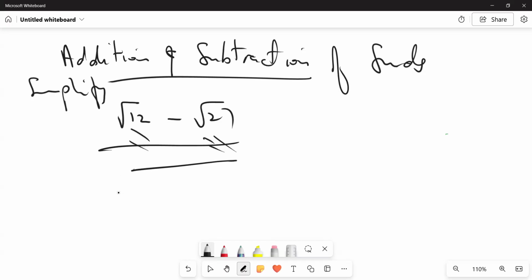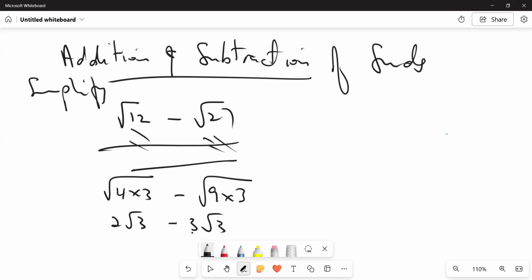So 12 is 4 by 3, minus 27, which is 9 by 3. So we seem to be heading somewhere. You will get 2 root 3 minus 3 root 3. And yes, we have a common surd there. So 2 minus 3 will give you minus 1 root 3. See? So you could simplify it.